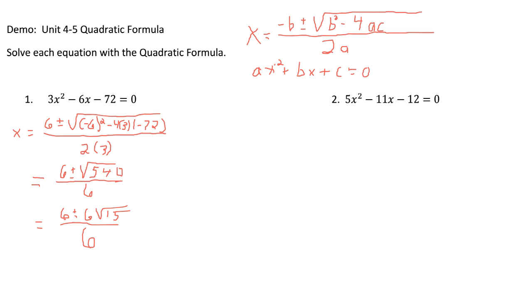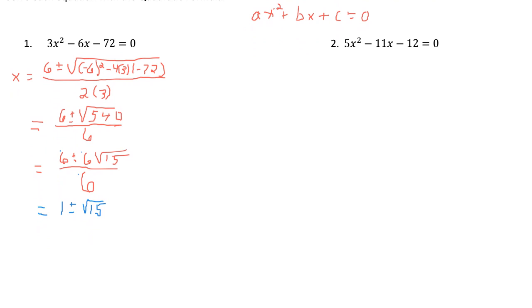Now, because we have a number here, a number here, and a number down here, and they're all divisible by 6, we end up with 1 plus or minus 1 times the square root of 15, all over 1. So we don't actually write that over 1. You guys know that.